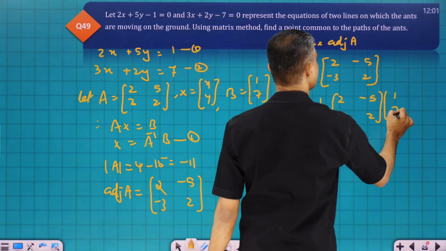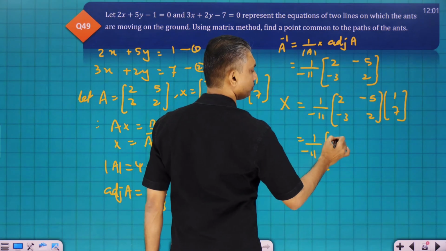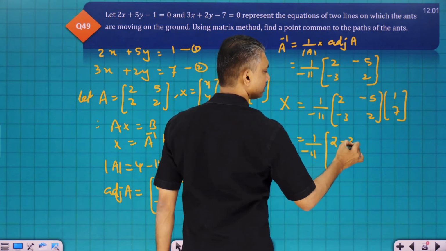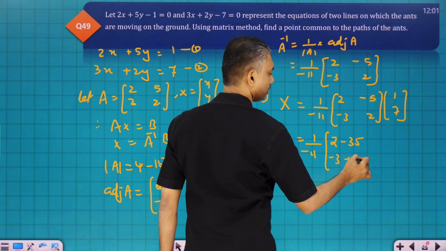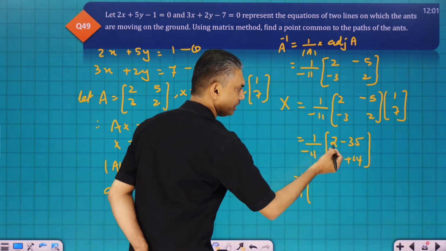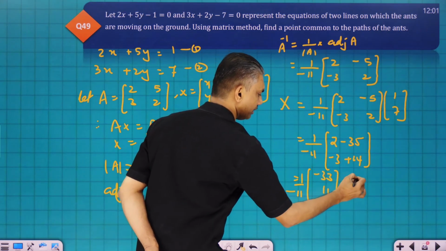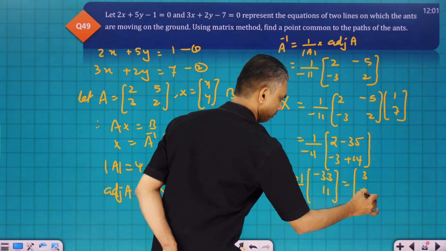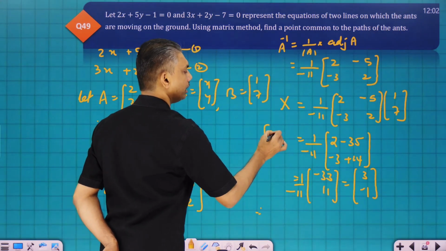B is what? 1, 7. That is 1 by minus 11 into 2 minus 35, minus 3 plus 14. 1 by minus 11 into minus 33 and 11. That's equal to 3, minus 1. Therefore, this is actually your x, y.